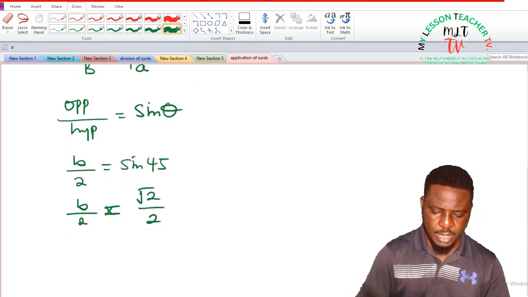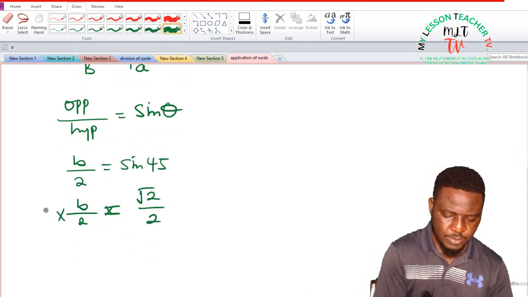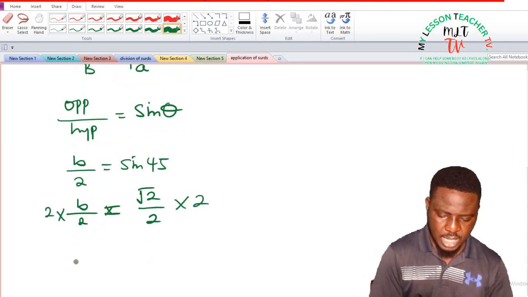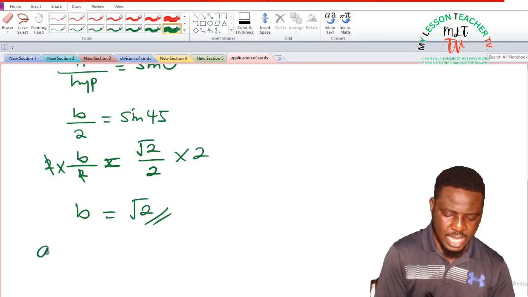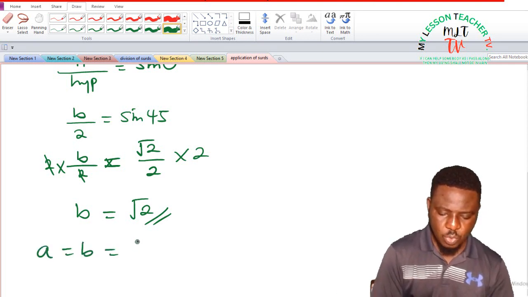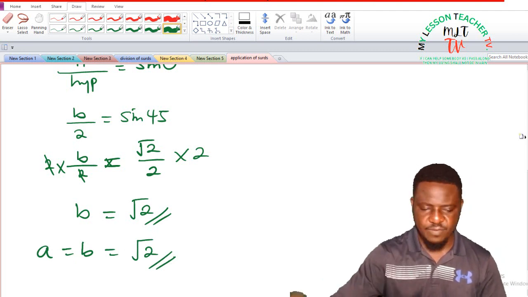And when you cross multiply, by multiplying both sides by 2, I'll have my B to be equal to root 2. So B is equal to root 2, and as we said, A is equal to B and is equal to root 2 as well. Question 5.